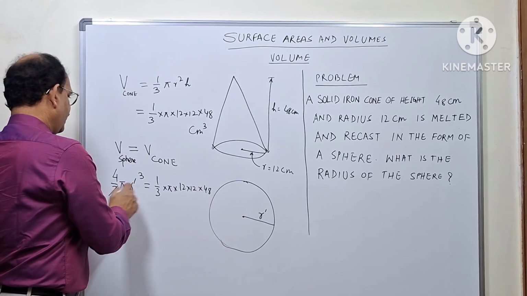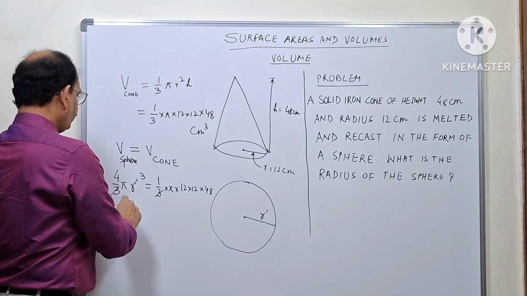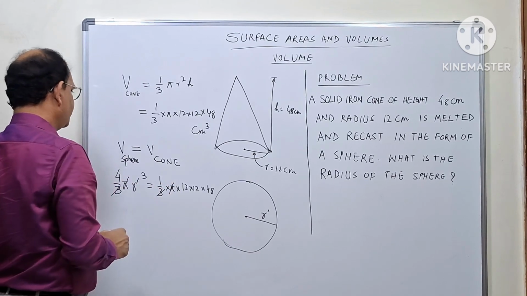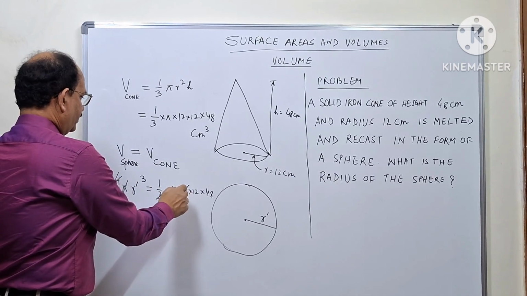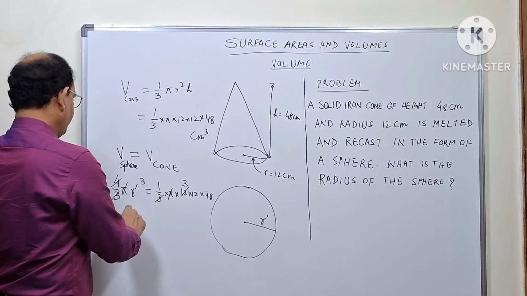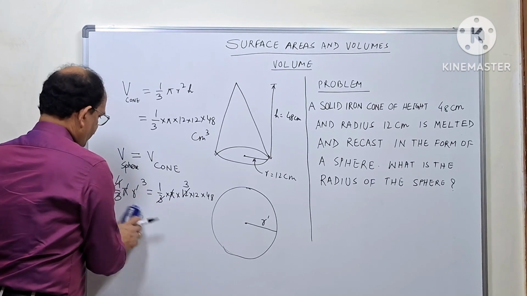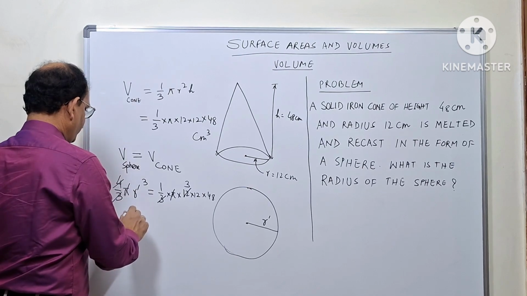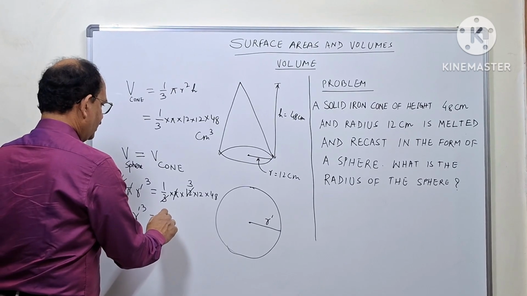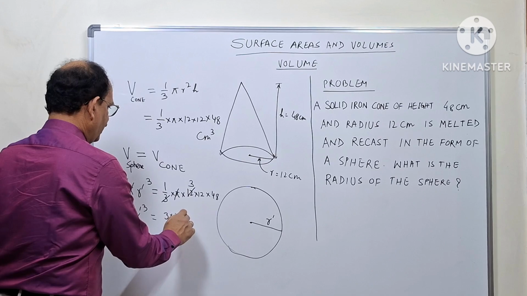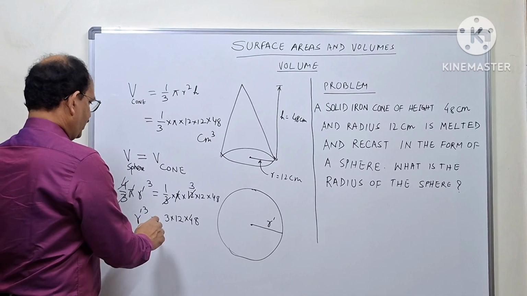Now this 3 and this 3 go, this pi and this pi go, and then 4 remains. So we can write r dash cube is equal to 3 into 12 into 48.